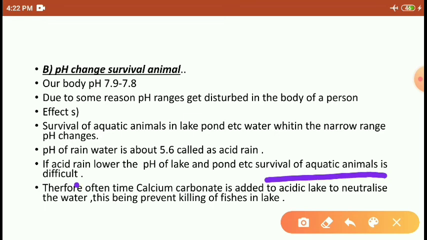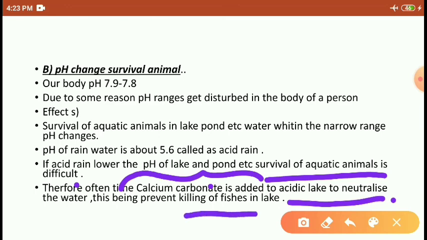Therefore, in some countries, when acid rain falls, calcium carbonate is added into the lake or pond, because it is basic in nature, reduces and neutralizes the acidity, right students, and prevents the killing of fishes in the lakes.